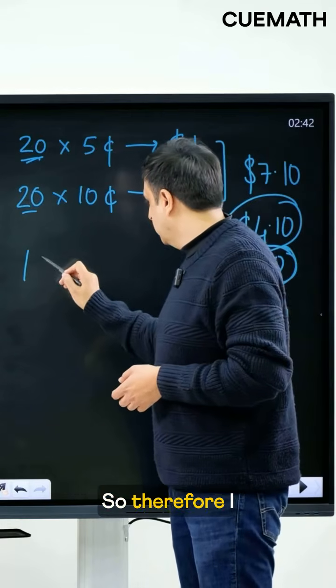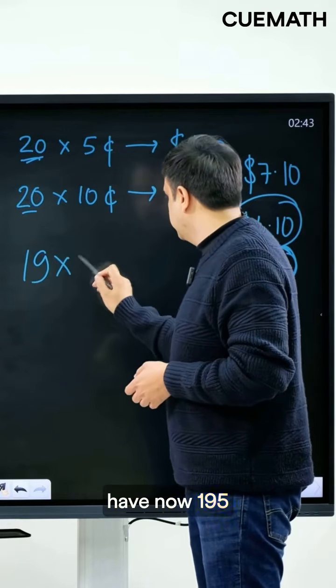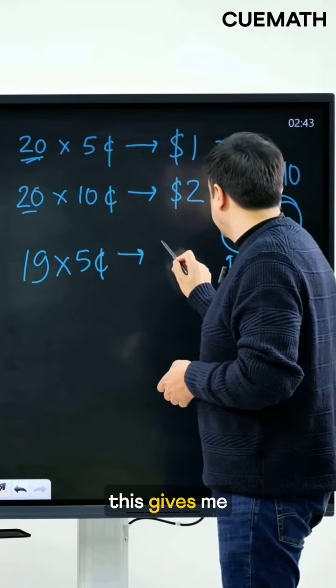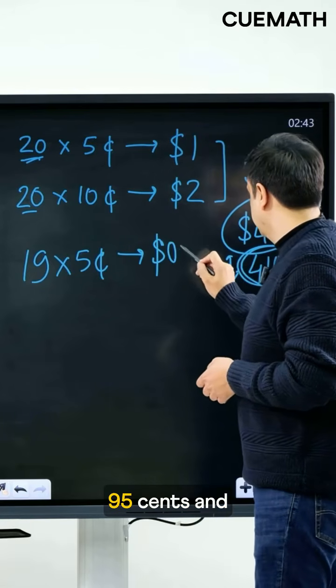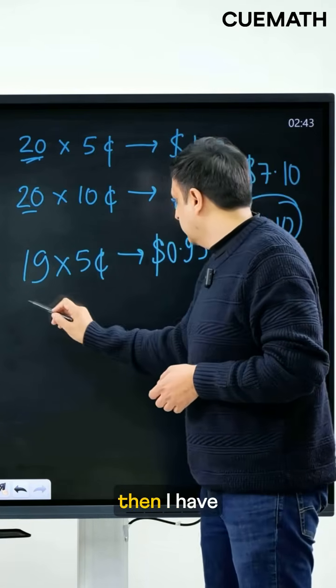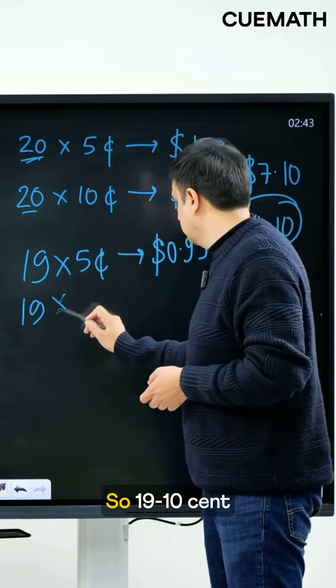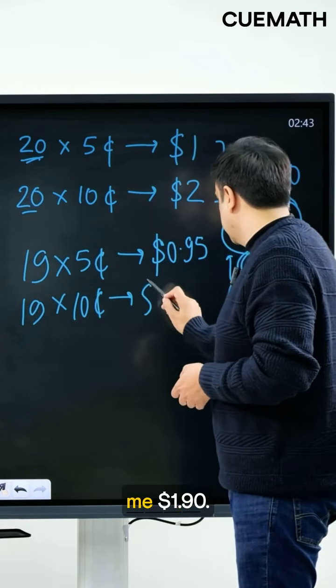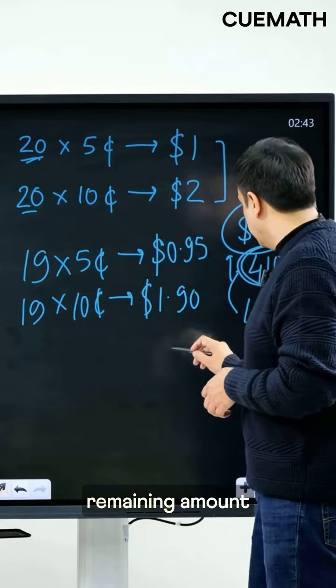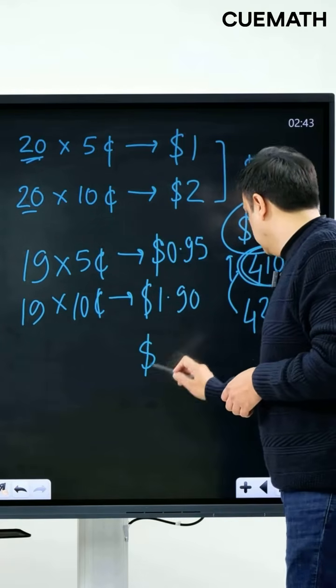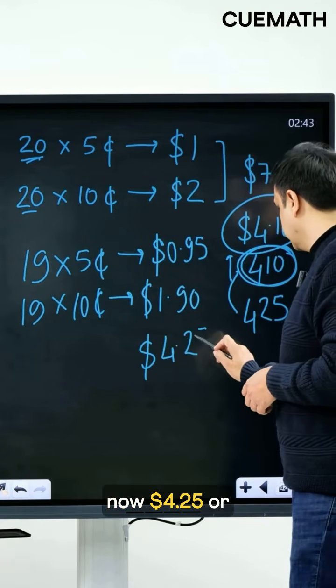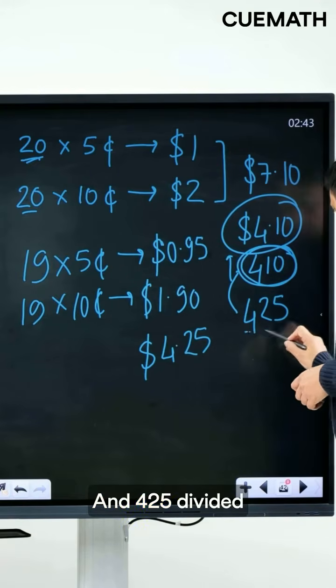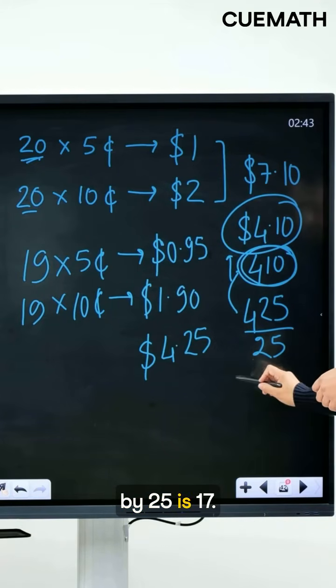So therefore, I have now 19 5 cent stamps, and this gives me 95 cents. And then I have 19 10 cent stamps, this gives me $1.90, and then the remaining amount is now $4.25 or 425 cents, and 425 divided by 25 is 17.